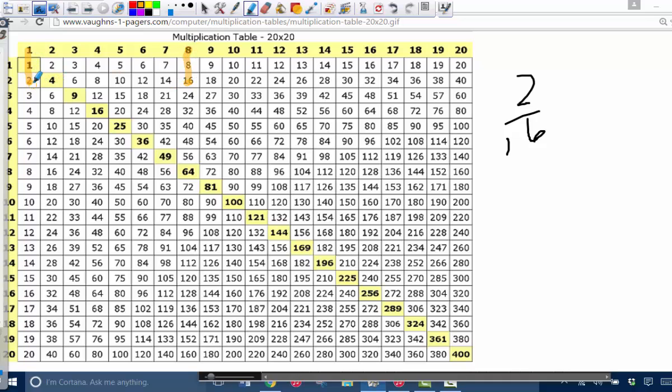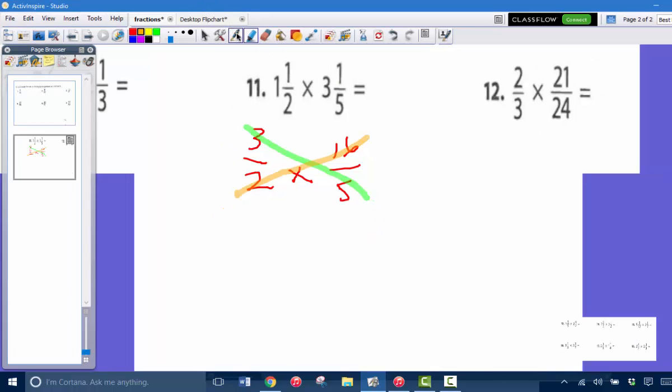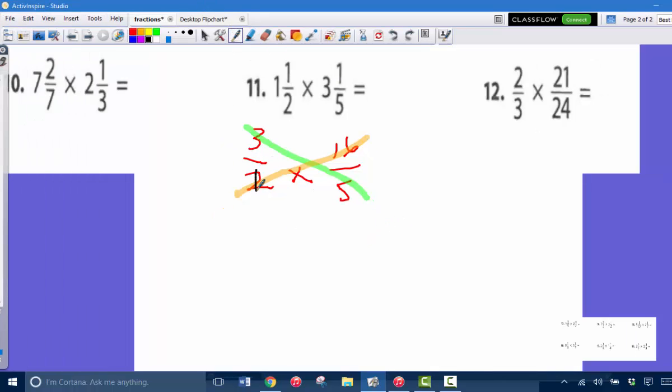2 will go into itself 1 time. 2 goes into 16 8 times. Take that answer over. 1, 18, or excuse me, 8. Now multiply straight across. 3 times 8, 24.